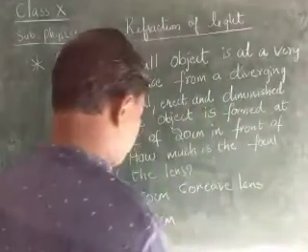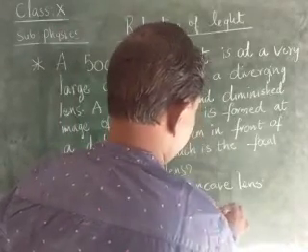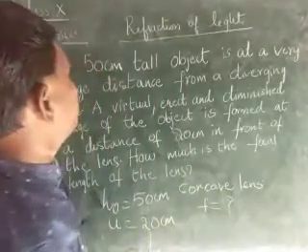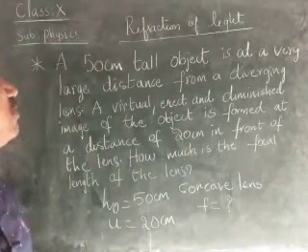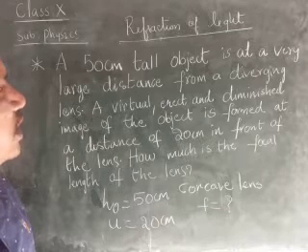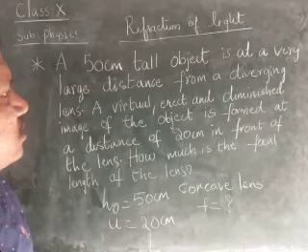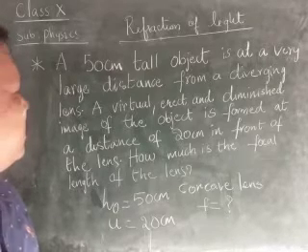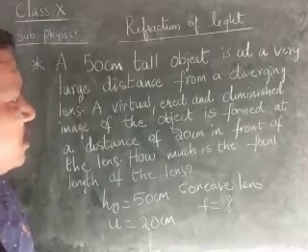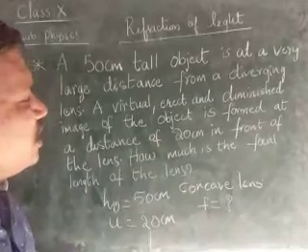Here he is asking what is f. Okay. Here object height is 50 centimeter. A virtual, erect and diminished image of the object is formed at a distance of 20 centimeter. Therefore, is it a U or V, children?